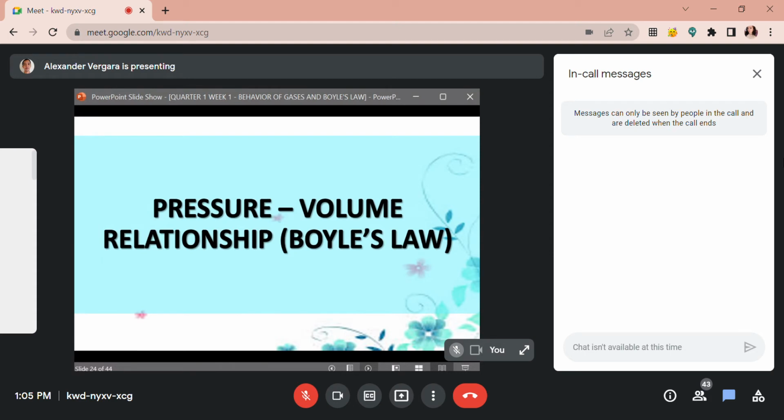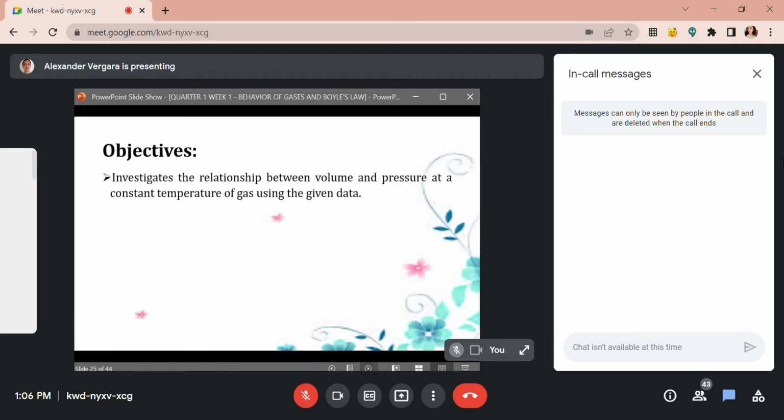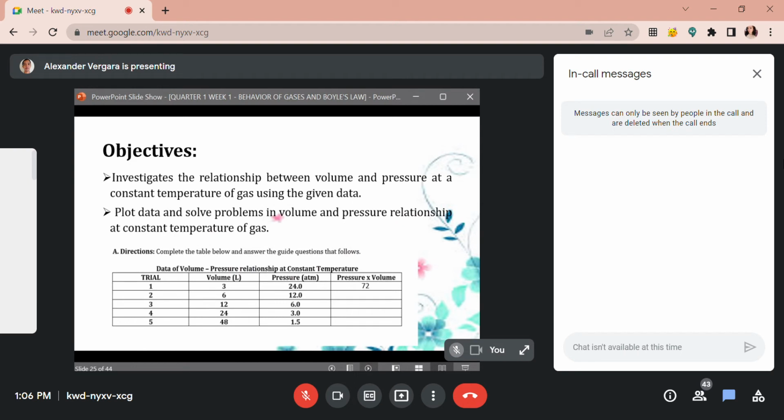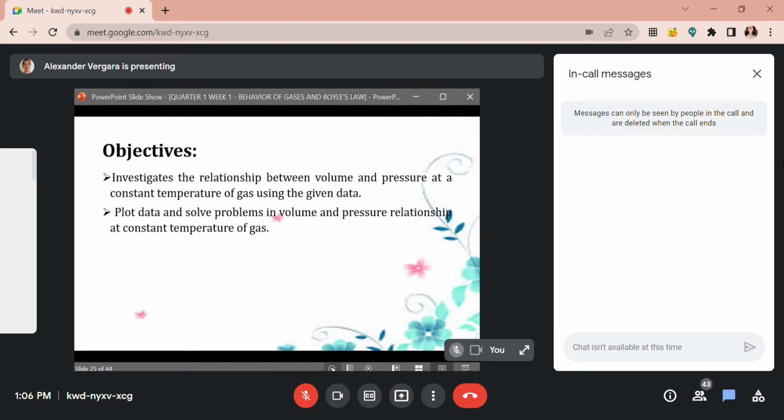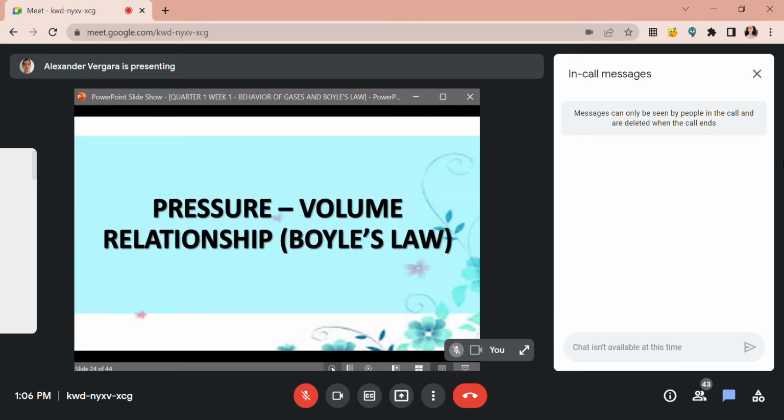Just like what I told you a while ago, we will use pressure and volume with regard to the standard units. For our objective, we have to investigate the activity later. This Boyle's law was investigated, but by which scientist? Who investigated this Boyle's law?